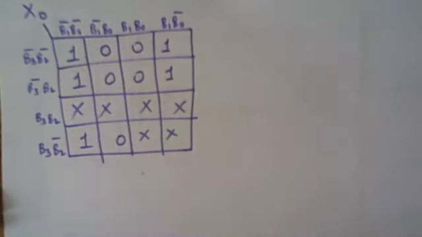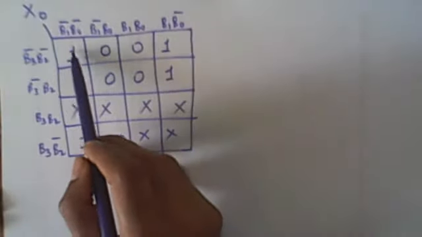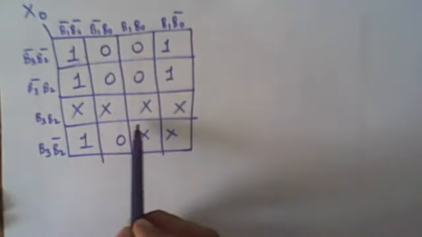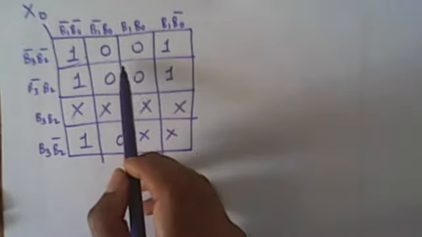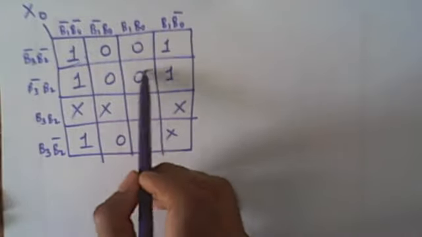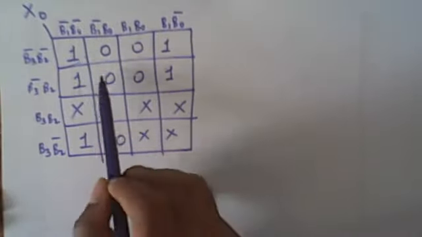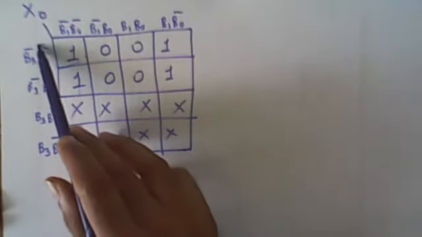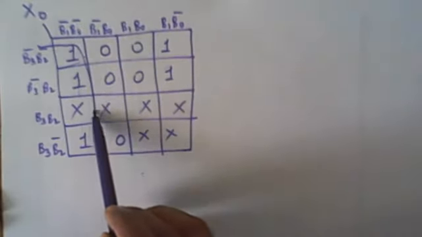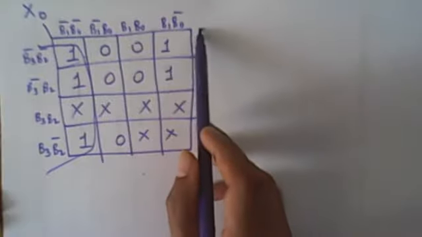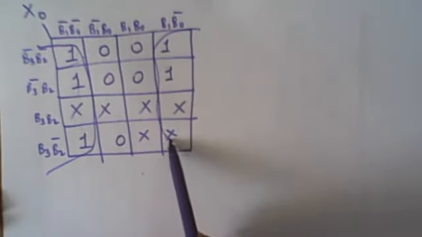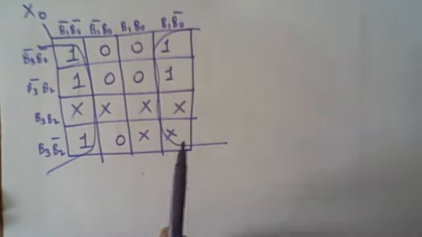So let me make the groups. For this one, group of 16 is not possible. Let me check the group of 8. This group of 8 is not possible. This group of 8 is not possible. Yes, this group, 4 from the first column and 4 from the last column, is possible. So one group of 8.